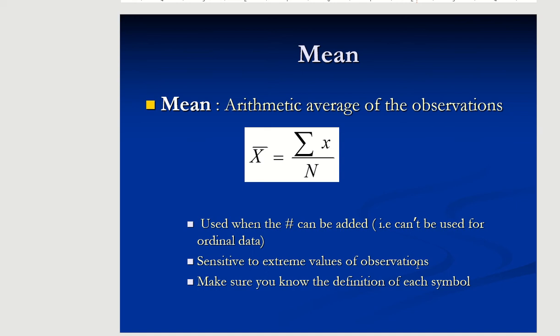So everybody is getting like 70, 72, 75, and there's one student that got 100. That 100 will impact the average in such a way that it pulls it up compared to all other values. So it's sensitive to extreme values, which is true also for a very low value. If you have a very low value, it will also pull the average down.